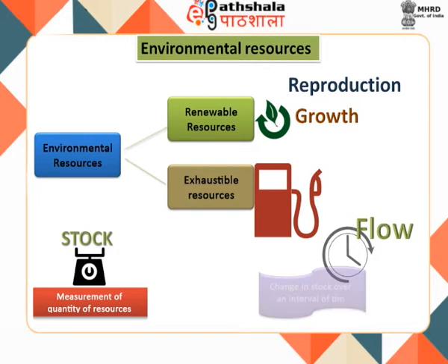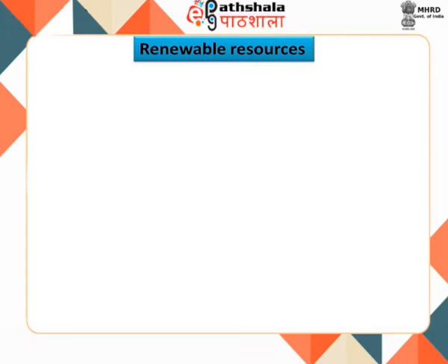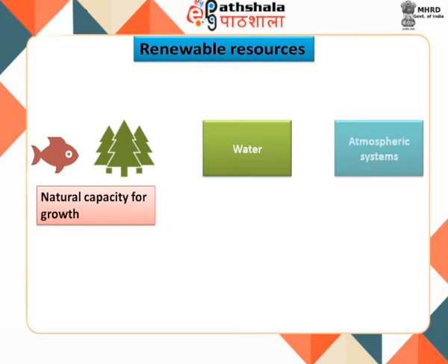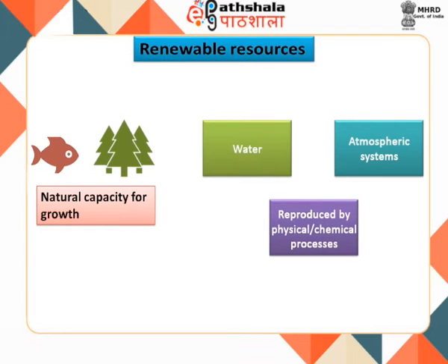The flow is the change in the stock over an interval of time, where the change results either from biological factors or from harvesting activity. Renewable resources include biological organisms such as fisheries and forests, which have a natural capacity for growth, and water and atmospheric systems, which are reproduced by physical or chemical processes.